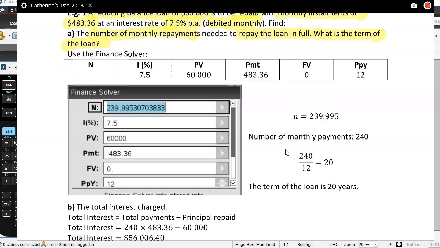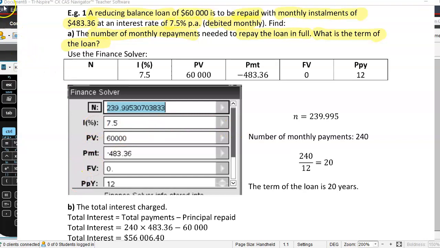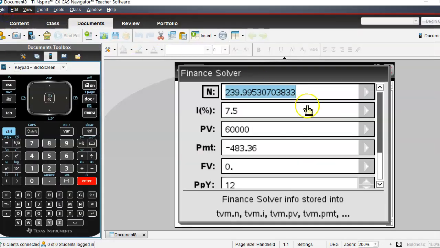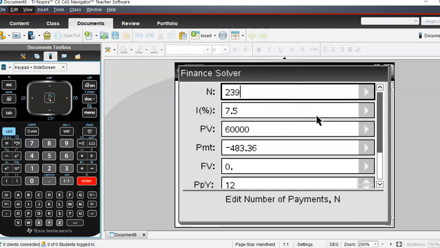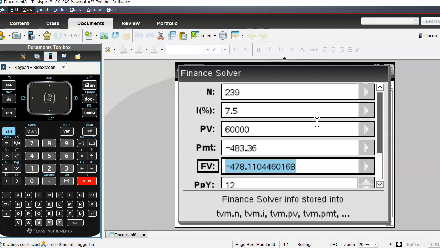If I go back and look at this, if I want to make 239 payments, tab, how much do I still owe? After 239 payments, I still owe $478.11.